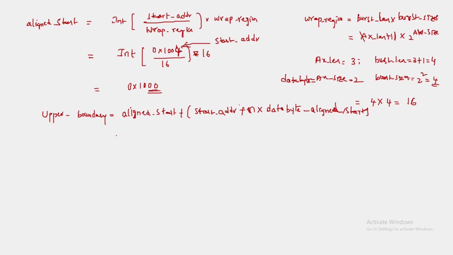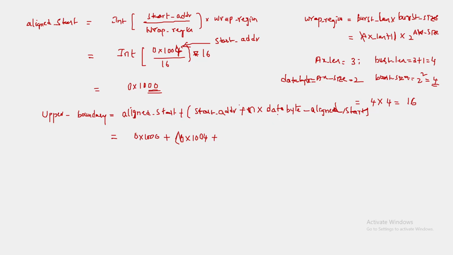Okay, so we need to add the values here. Aligned start address, what is the value? 0x1000, so 1000 is the value, and the start address is 0x1004, and then number of bytes n into data bytes. If you calculate, you are taking 4 bytes, right?